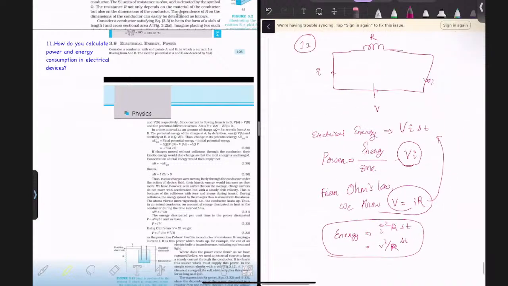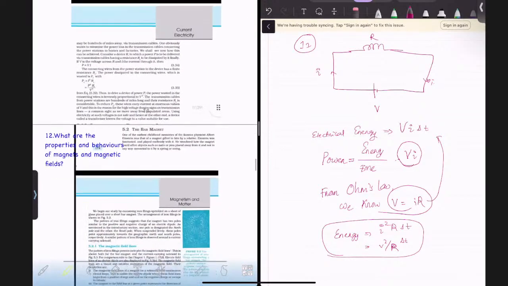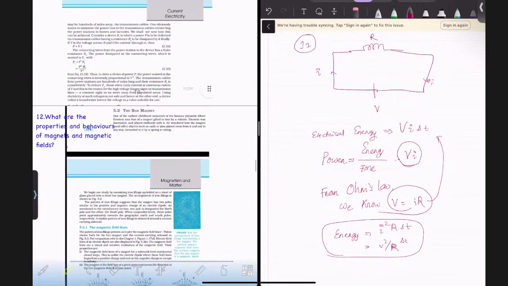These are very simple formulas you need to remember, and you should solve more and more questions from this topic, because many entrance exams give questions on it.